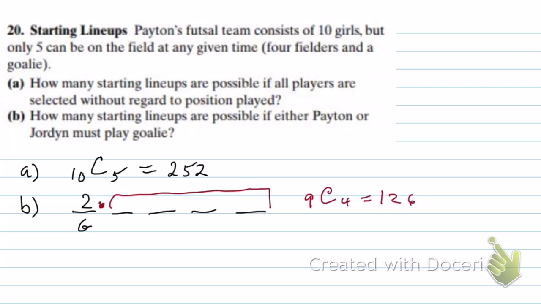So we're back to 2 times 126 is 252 again. So that didn't really change anything. So there's 252 ways that either Peyton or Jordan could be goalie, and then we get the rest of the girls. If the order had mattered there, we'd have a whole different problem.